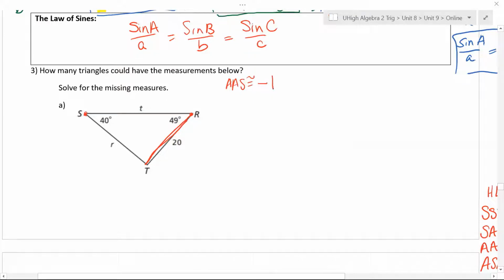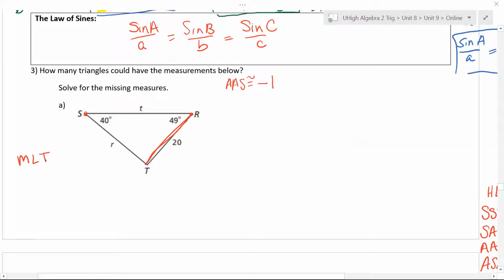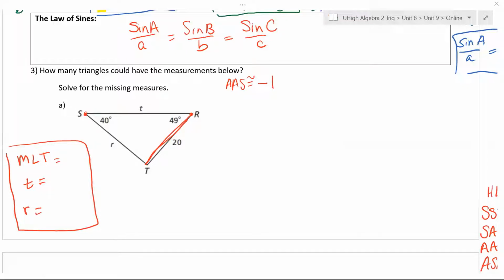So solving for the missing measures. What I'm missing is the measure of angle T, side length T, and side length R. I'm just going to write these off to the side just so everything is together. And I want to use this law of sines to solve, but I don't want to make this harder than it needs to be.